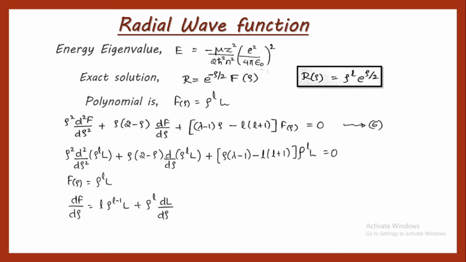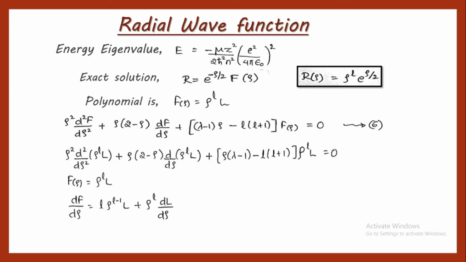We need to find the differentials of these. Taking the differentiation of f, we get df by d rho. As we have two terms depending on rho, that is rho raised to L and L of rho, we need to use the formula for u into v. So for df by d rho, we get the differentiation of rho raised to L, which is L into rho raised to L minus 1 into L of rho as it is, plus rho raised to L as it is into dL by d rho.